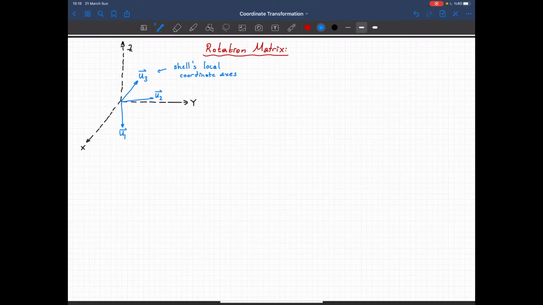Okay, and I have I, J, and K. These are unit vectors also, so let's show it this way.